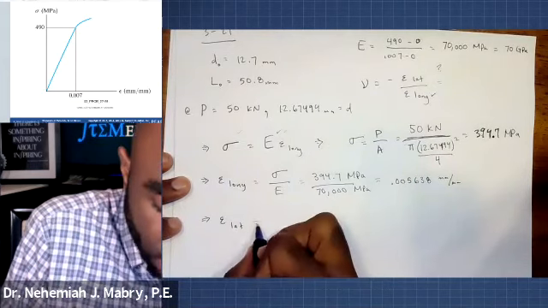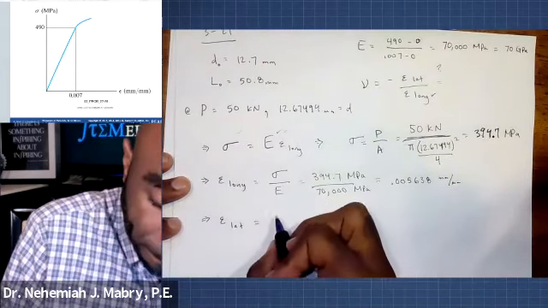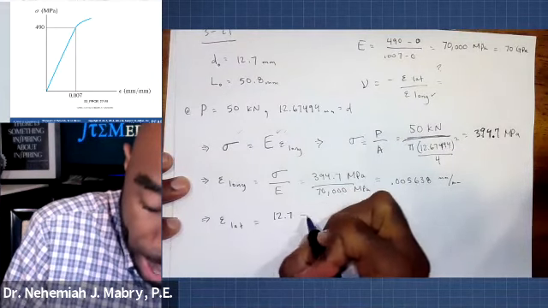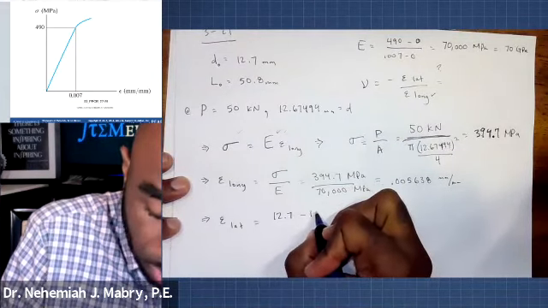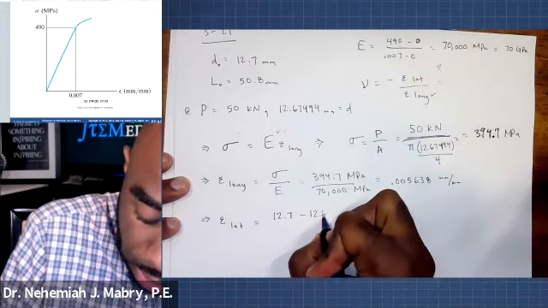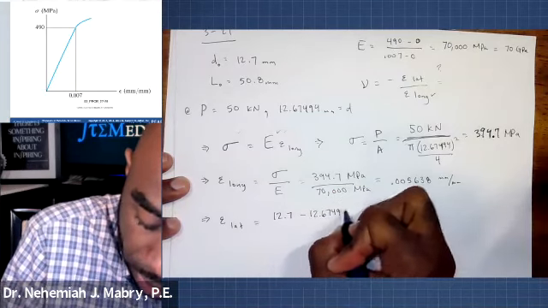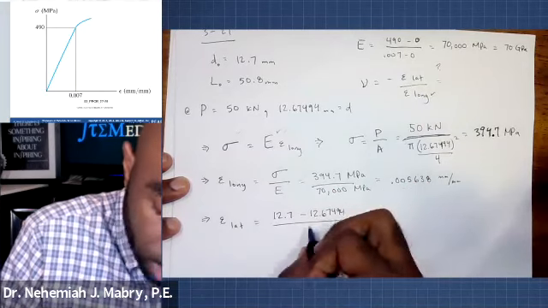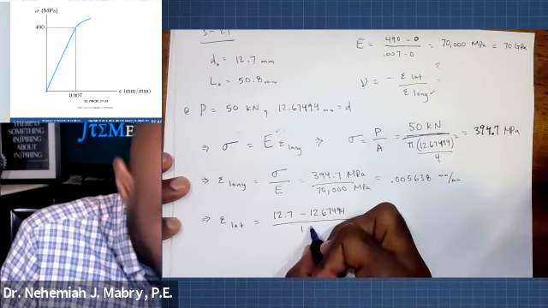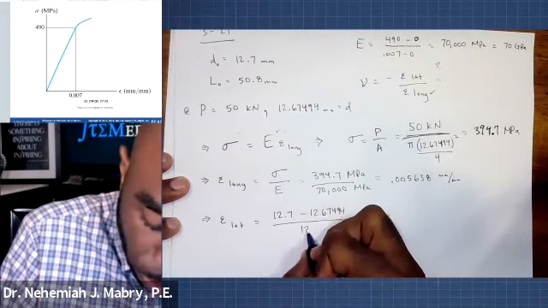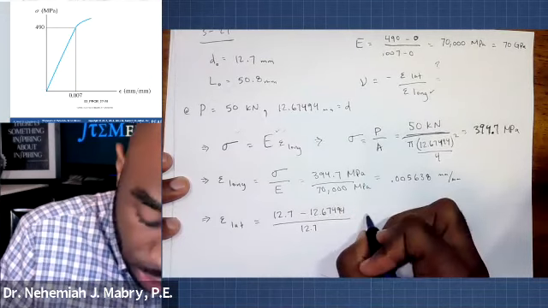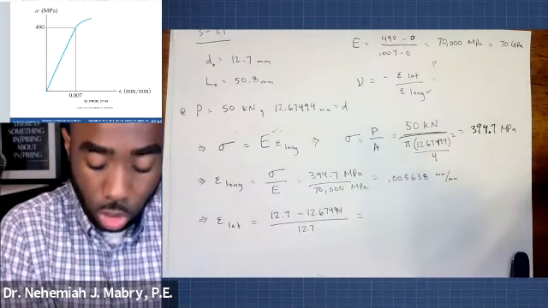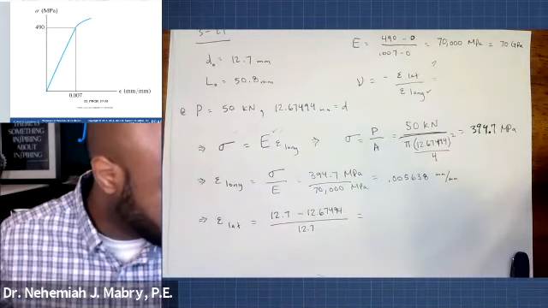So the change in diameter would be the initial diameter, 12.7, minus the final 12.67494 over the initial 12.7.